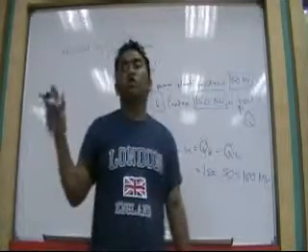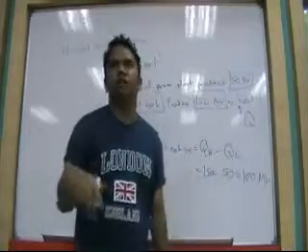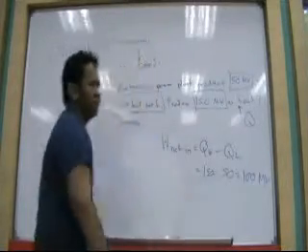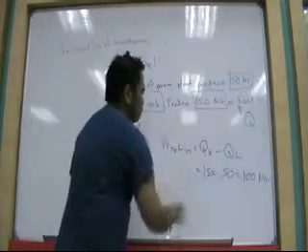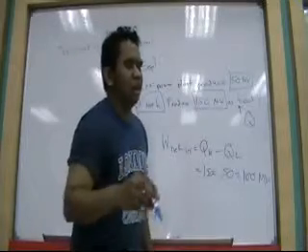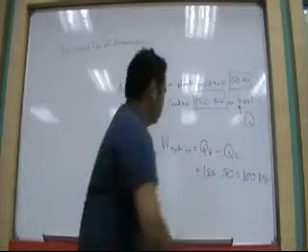So we can conclude that besides the formula of eta, we can also use this formula as clarified. But this formula is quite tricky because sometimes we misjudge which is the heat in the hot reservoir and which is the heat in the cold reservoir.